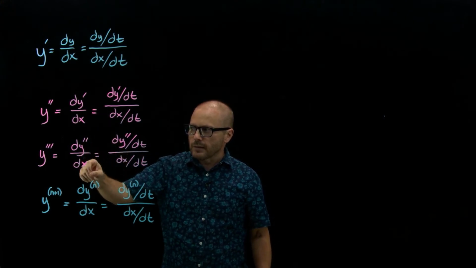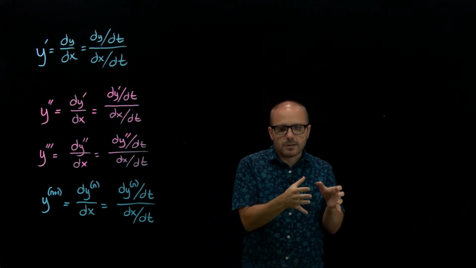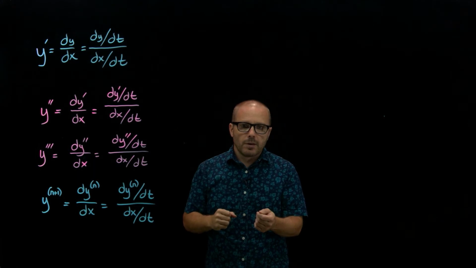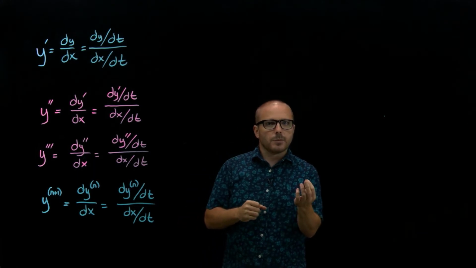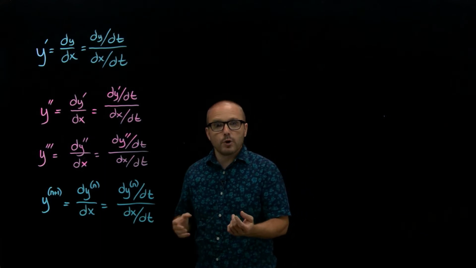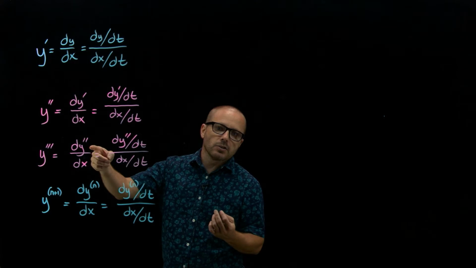A second derivative means you have some function y as a function of x, right? You vary x a little bit, you see the change in y. If you want the second derivative, you vary x a little bit and see the change in y prime. If you want the third derivative, you change x a little bit and see the change in y double prime.